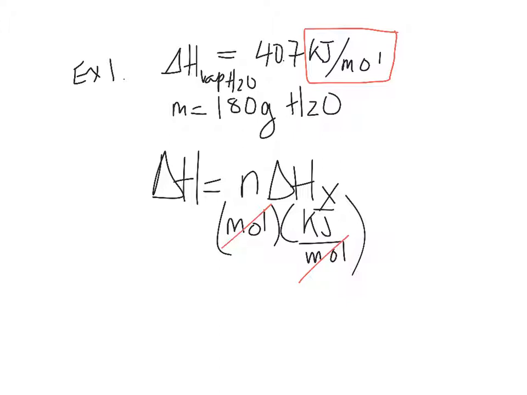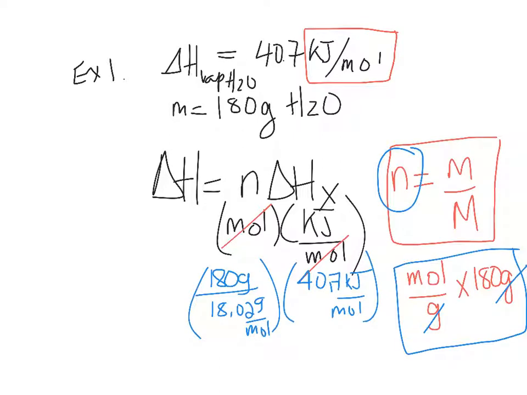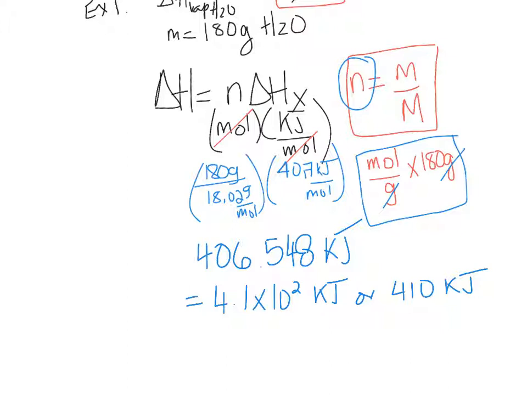How are we going to figure out how many kilojoules of energy are released if we have 180 grams? So what do you get? I'll let that sink in. 180 grams will release 407 kilojoules of heat.